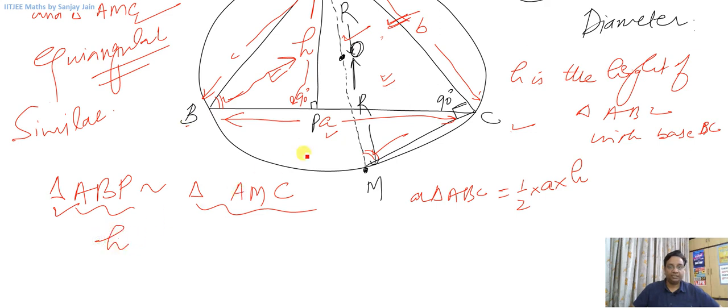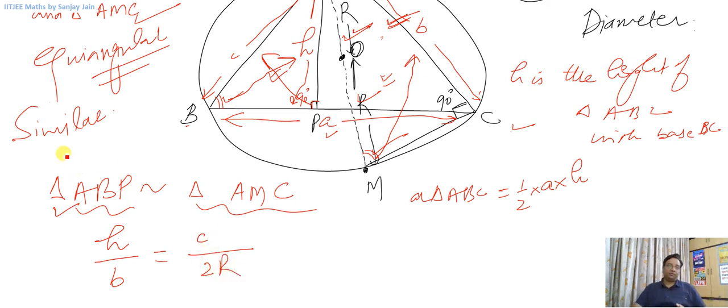So H divided by this, what is opposite angle M? It is B. So H divided by B will be equal to, now opposite this angle 90 degree, here we have got side C, side length C, and opposite of angle C here I have got this length 2r. Okay, so I will write 2r here.